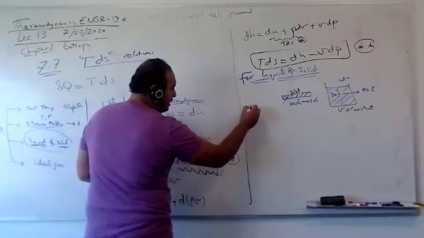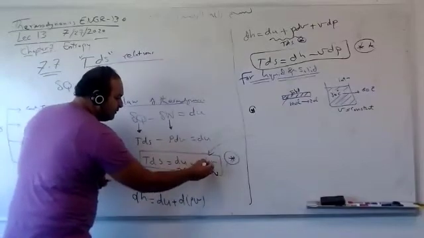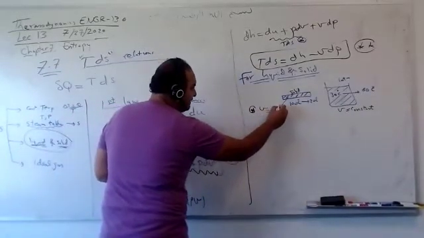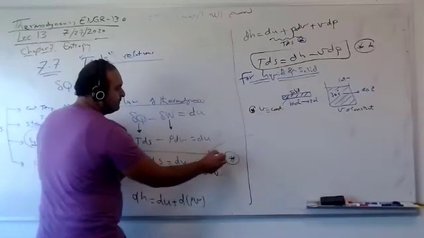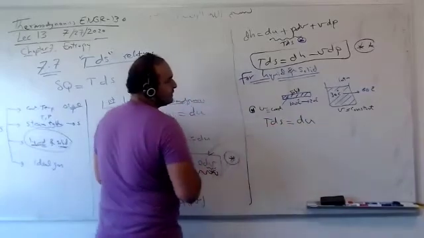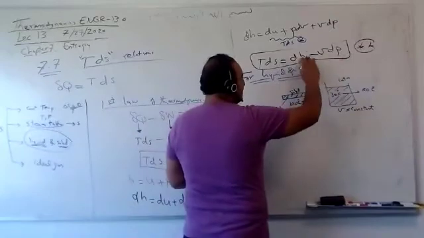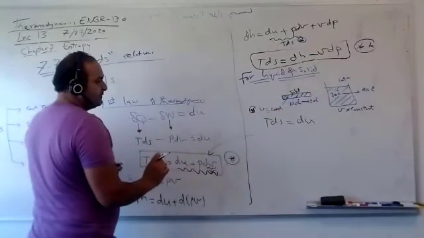So star and double star are valid always. But the star is better because if you put delta V equals 0, constant volume, there is no change in the volume. It means T delta S is just du. Here it is hard to say. You say dH minus, that's not good. So we like to have one variable, that's better.